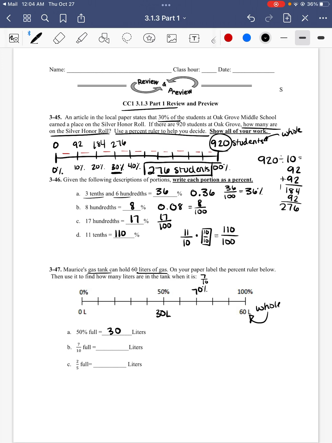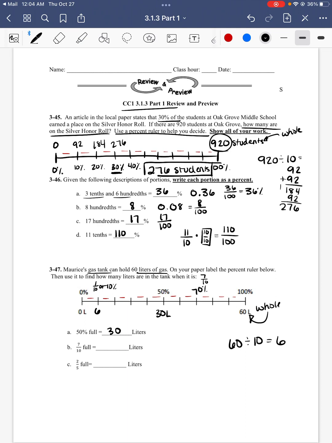I need to figure out, well, what is each tenth worth? So this is 1/10 or 10%, and 20%, 30%, so on. So like we did before, I can take my whole, divide it by the number of even spaces, and again, I'll use red, 1, 2, 3, 4, 5, 6, 7, 8, 9, 10. 60 divided by 10 is 6.